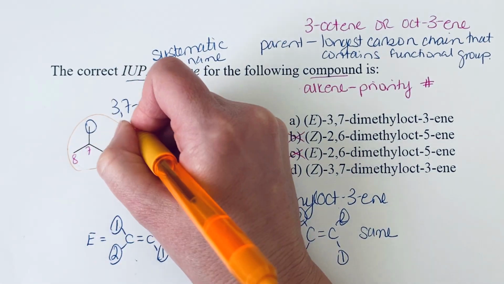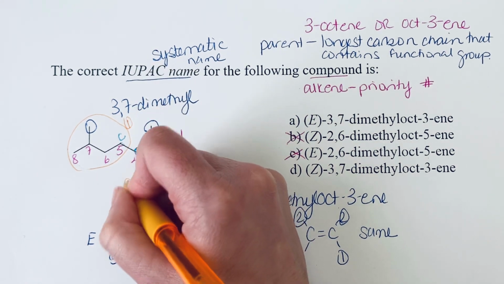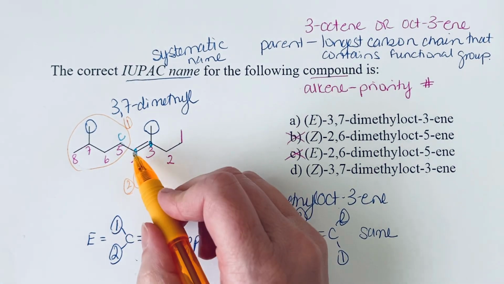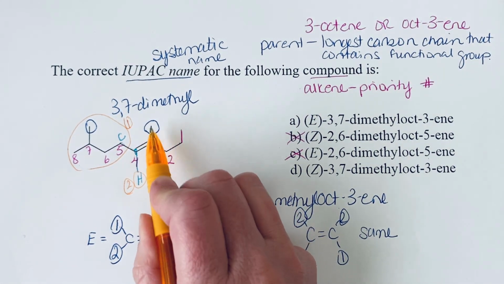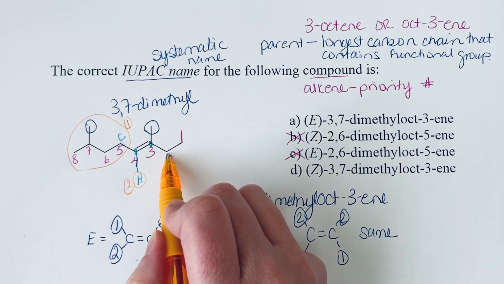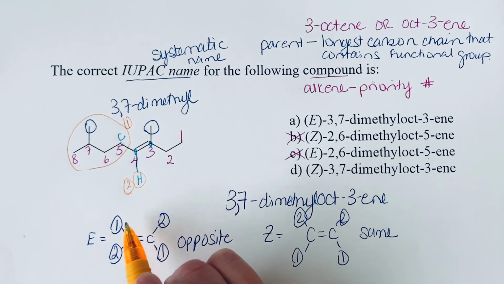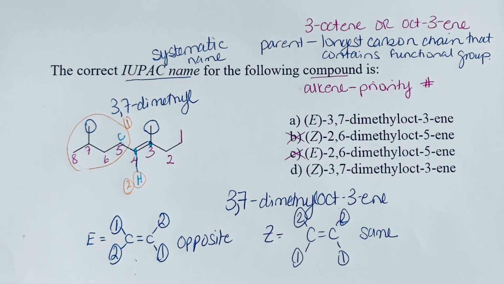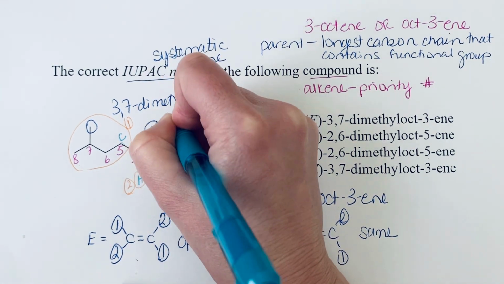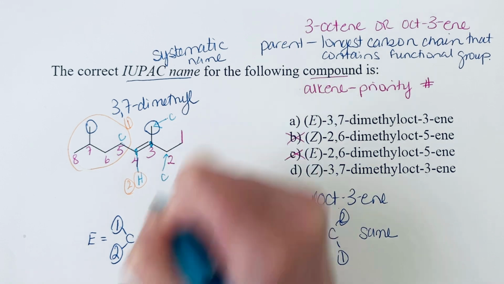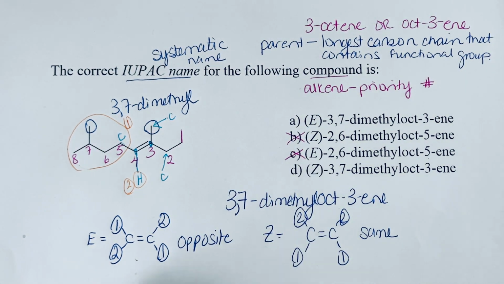So that overall is our priority group 1, and then our priority group 2 is the hydrogen. So now we need to look at the next carbon atom and assign our priorities and see if the priority 1 is also pointing up, then it would be Z. If it's pointing down in the opposite direction, then it would be E. So we see that we have a carbon and we have a carbon. And so those are the same.